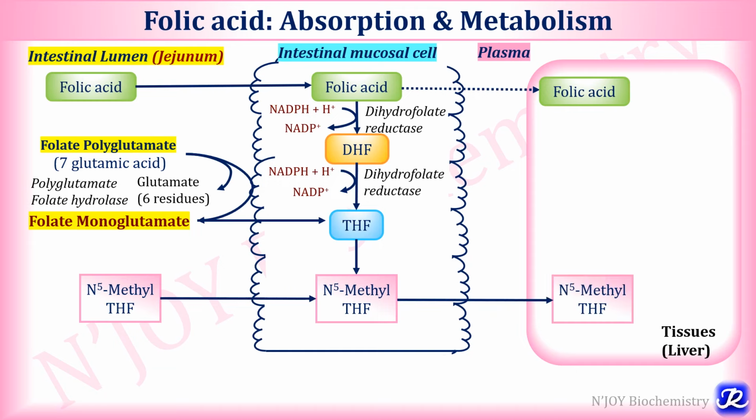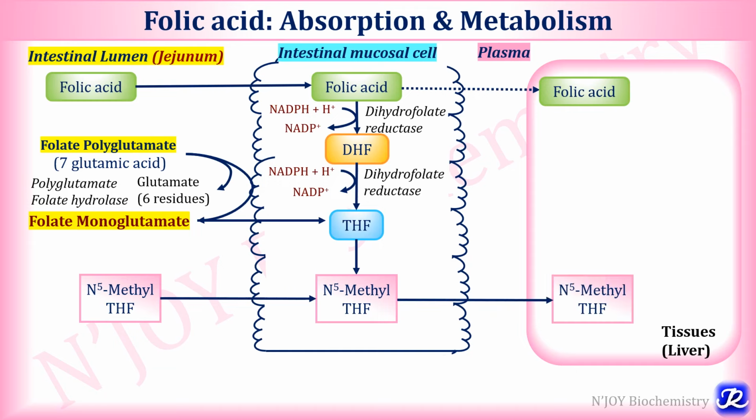Now what is folate trap? Imagine if there is deficiency of vitamin B12 or if there is a defect in the enzyme methionine synthase, then this N5-methyl tetrahydrofolate cannot donate its methyl group to cobalamin to form methyl cobalamin, and further this methyl group cannot be donated to homocysteine to form methionine.